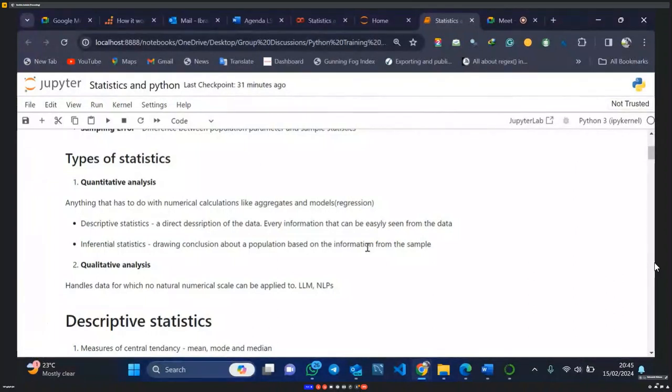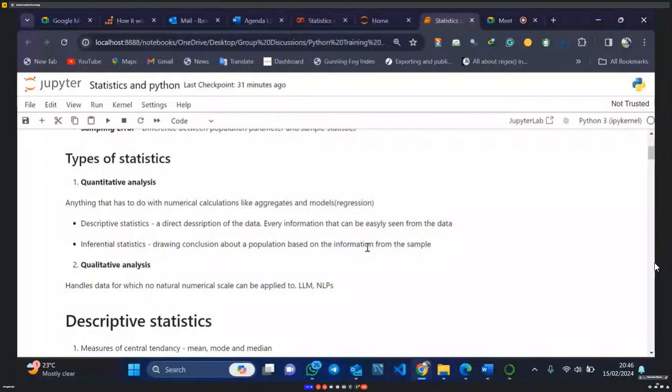Then you have qualitative analysis, which handles data for which no natural numerical scale can be applied. Hey, Jebet, we have used bigger terms, because qualitative analysis, from the way I've learned and understood, is not something that I'm reading. Do you mind explaining that sentence?